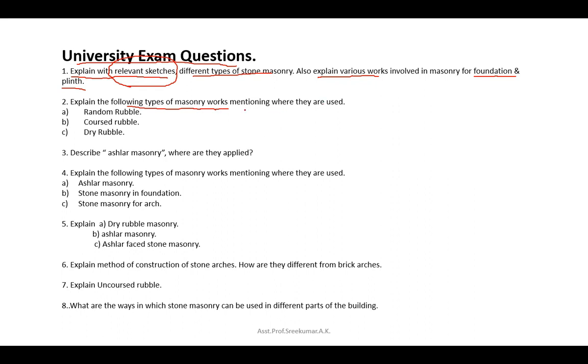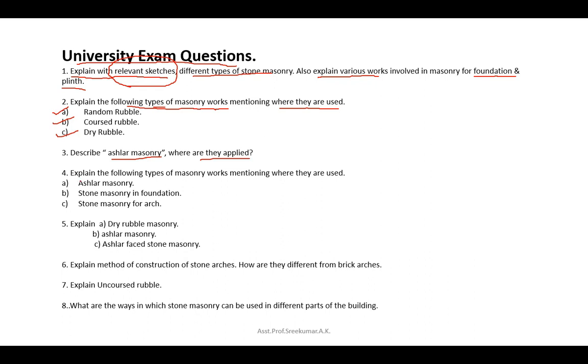So you have to explain these types of masonry and where they are used. We have different types of masonry like random rubble, coarse rubble, dry rubble, and we will discuss it later. Now the third question, describe ashlar masonry and where they are applied.